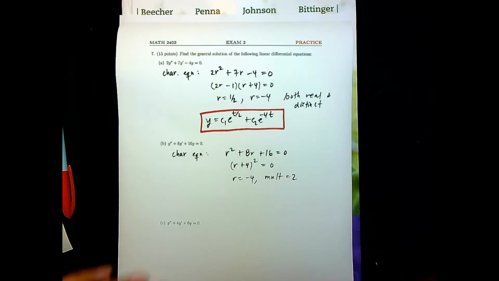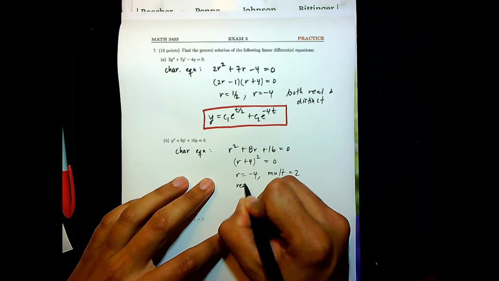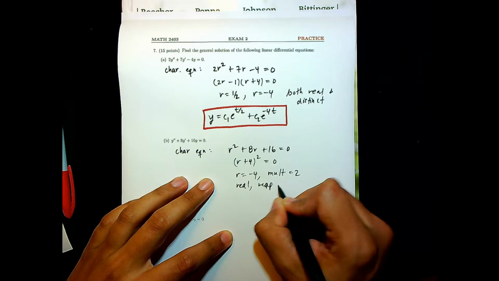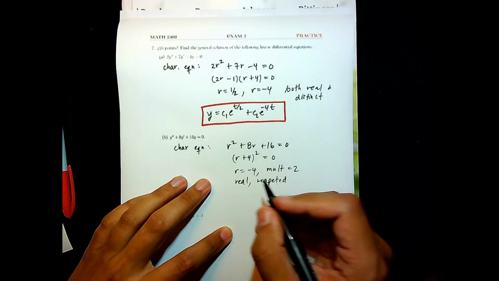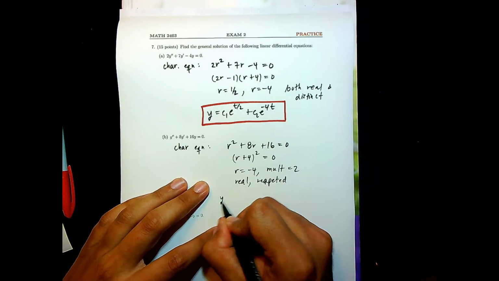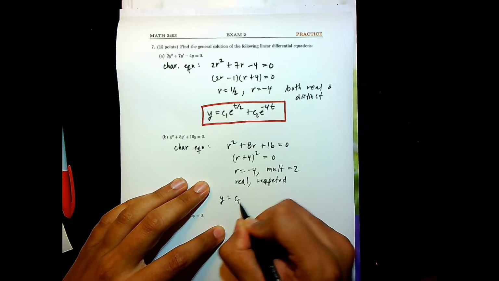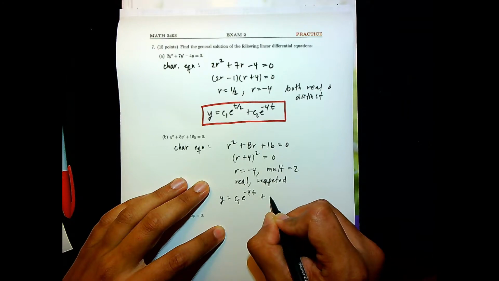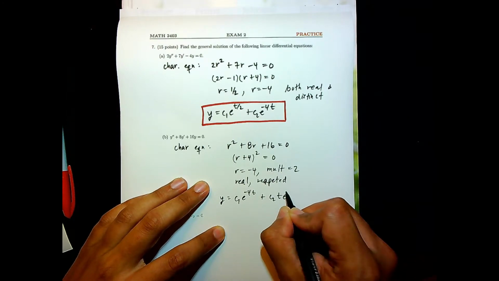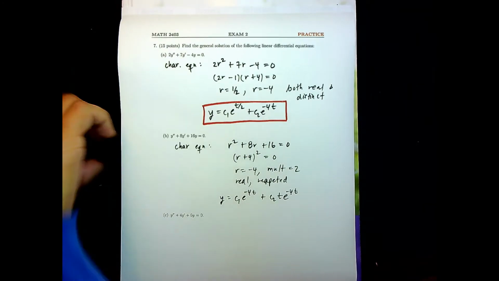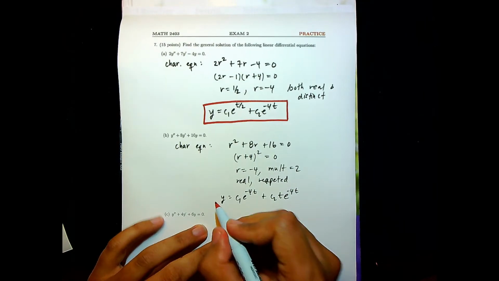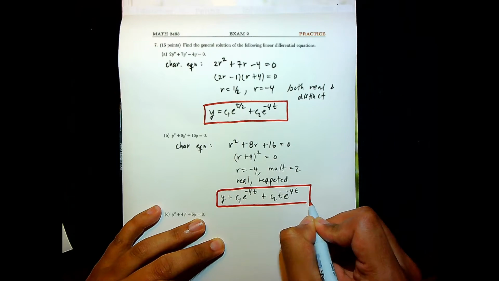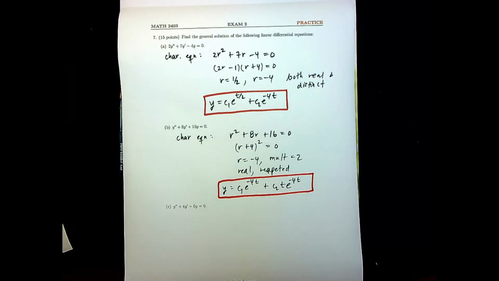Right? So it is real, repeated. So that means the general solution is going to be C1 e to the negative 4t plus C2 t e to the negative 4t. Right? That's the other case. The other case, you add the t.